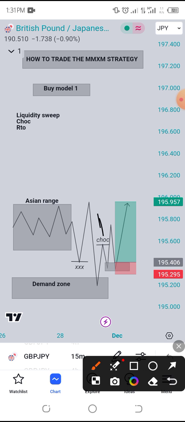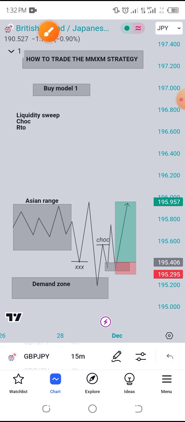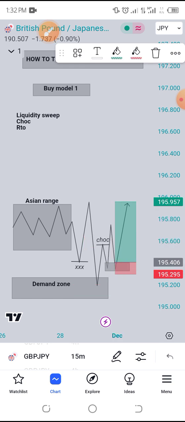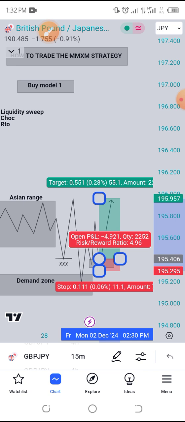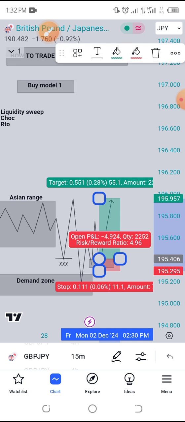Then I spot my order block as a result of the change of character, and I wait for price to return and tap into that refined order block, and I enter my trade and target the most recent high. Trades like this would give you a very good risk to reward ratio of nothing less than 1:3. As you can see in this particular example, we're able to get a risk reward ratio of 1:5.